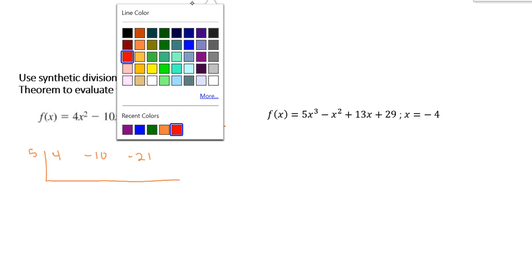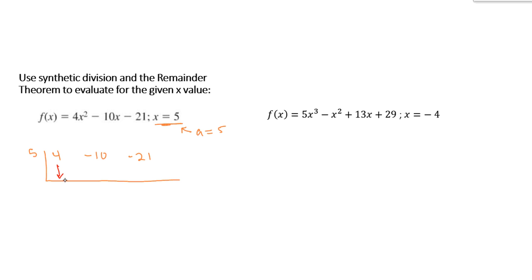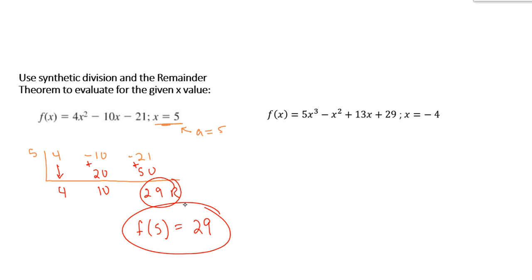Okay, the process says bring down the first one. 5 times 4 is 20, write that above. Add down. 5 times 10 is 50. Add down. 29. So this guy right here, that's our remainder, which means f of 5 equals 29. That's what the remainder theorem does for us.